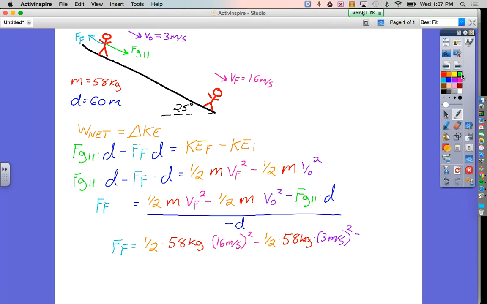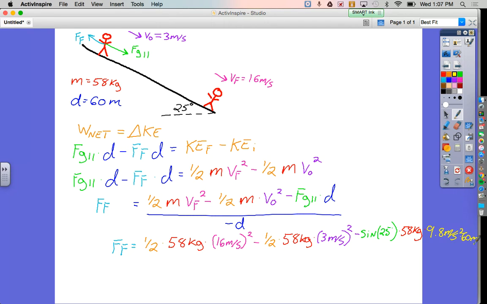We have an equation for force of gravity parallel. It was the sine of 25 degrees times m times g. The mass is still 58 kilograms, times the 9.8 meters per second squared, because force of gravity parallel is sine of the angle times mass times 9.8, times the distance, and that distance was 60 meters.